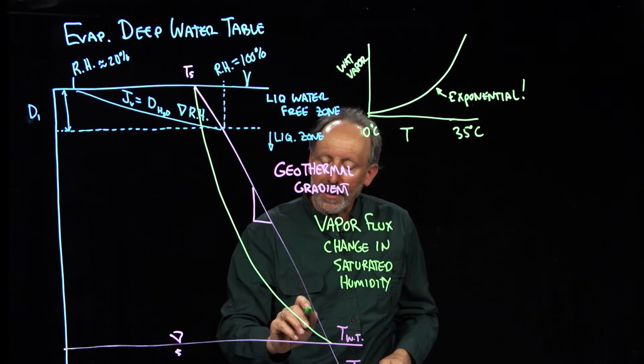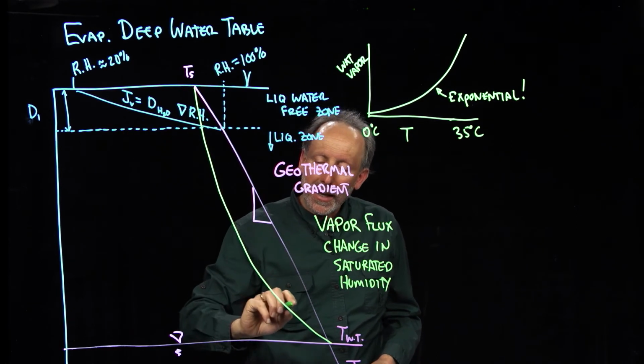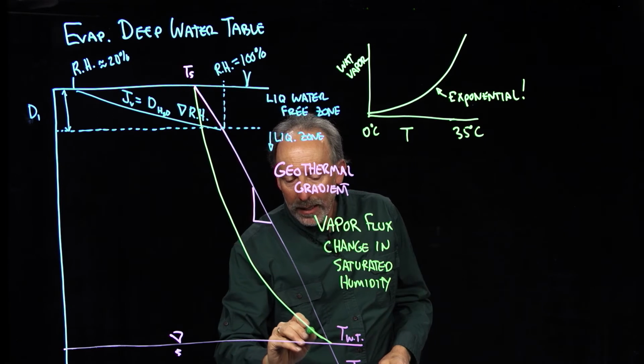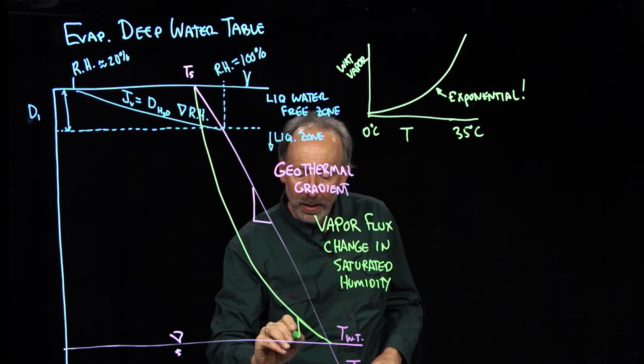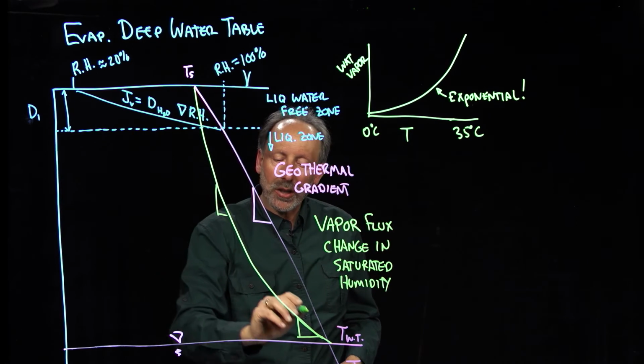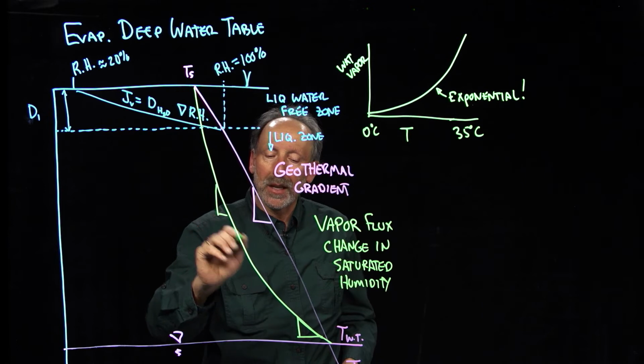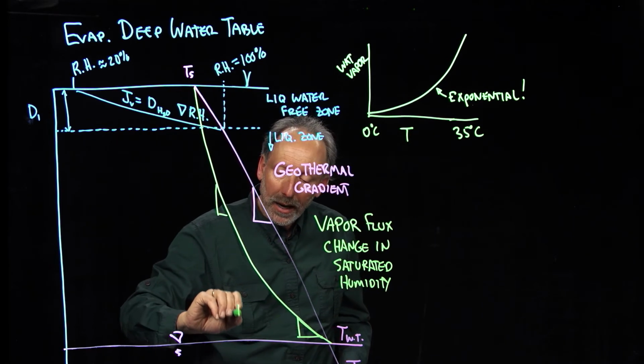So we have the same diffusion here, but the gradient in vapor concentration is actually a bigger change in vapor concentration per unit length than here. So we have a high vapor flux here.